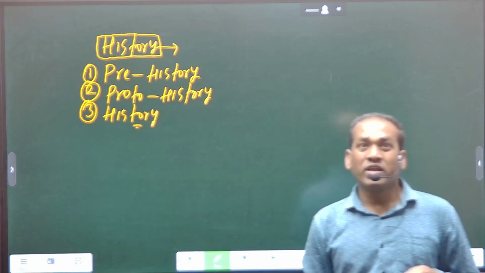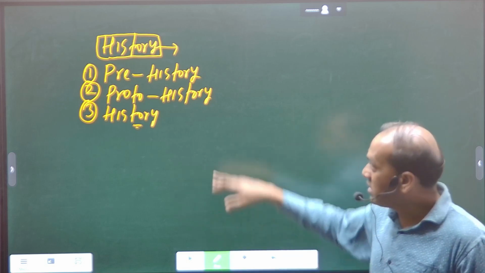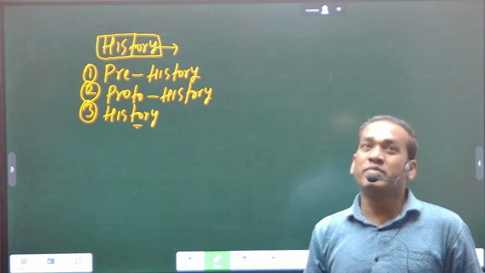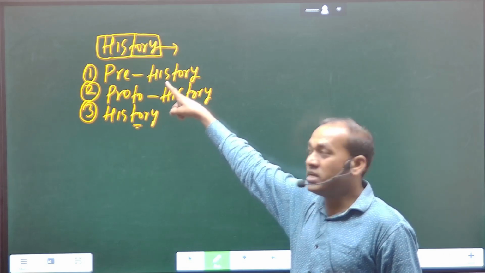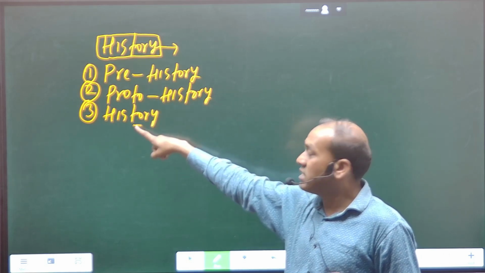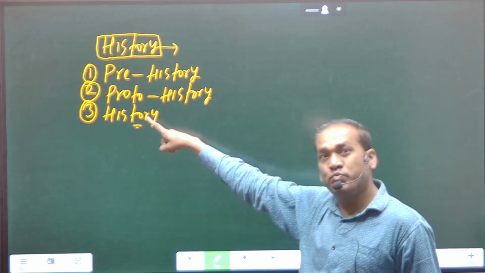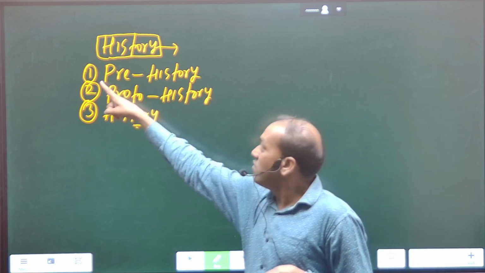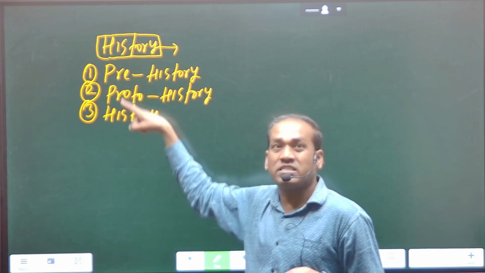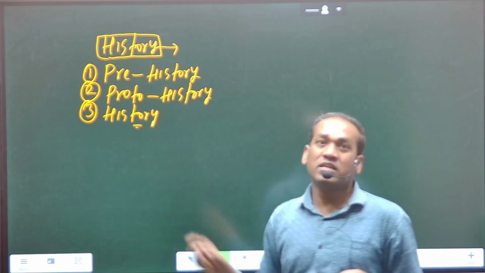So in order to study history, history is basically divided into three main parts: prehistory, proto-history and history. And UPSC sometimes asks questions from these three terms.